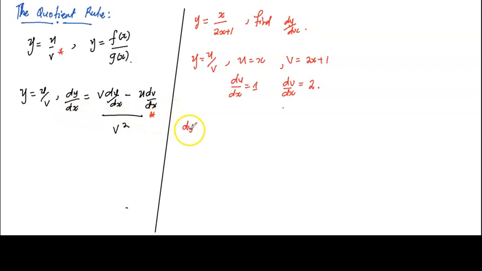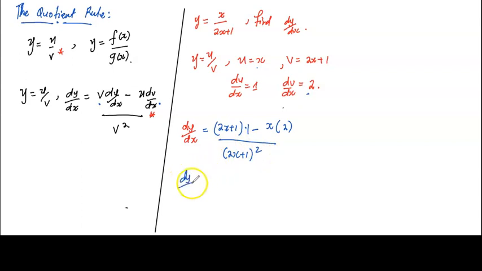So the derivative dy/dx, following the formula, we have v, which is 2x plus 1, times the derivative of u, which is 1, subtract u, which is x, multiplied by the derivative of v, which is 2, all of it over v squared, all of it over (2x plus 1) squared.